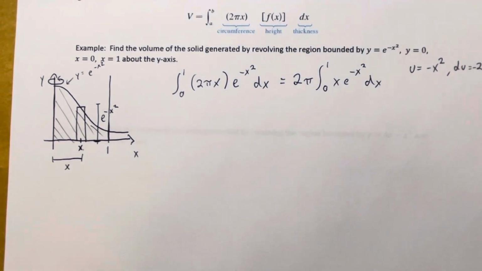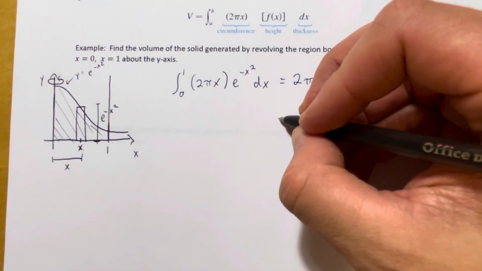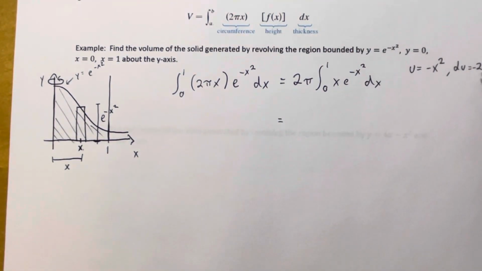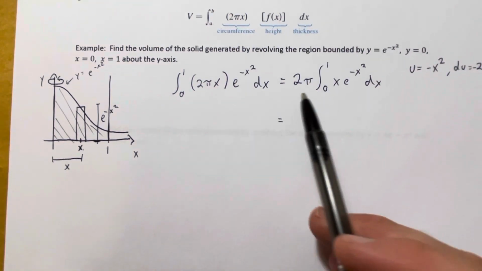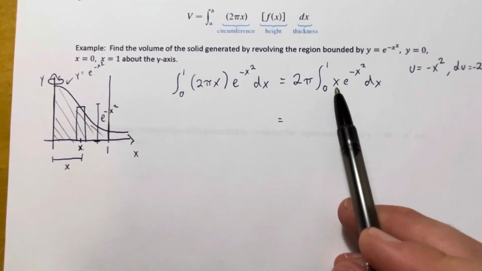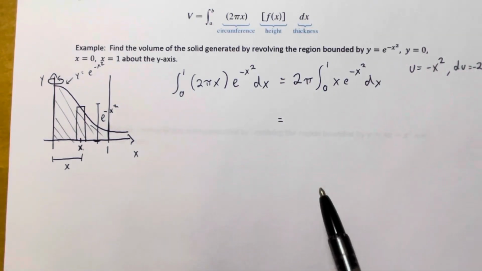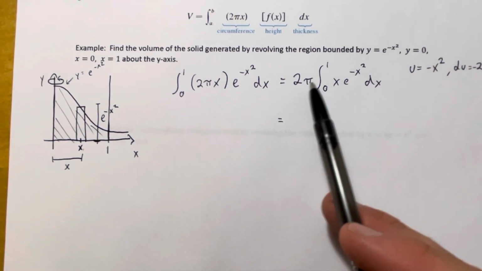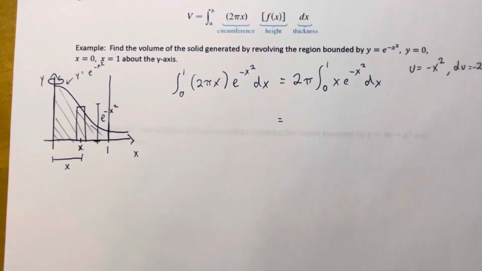Okay, now if I look at what I have here, I have du equals negative 2x dx. Notice I have a 2x dx all in my integrand already. I did pull the 2 out, but you could bring it back in if you wanted to. It still counts as part of your integrand. What's missing is the negative. So I need to multiply both sides of this by a negative 1 to get negative du equals 2x dx.